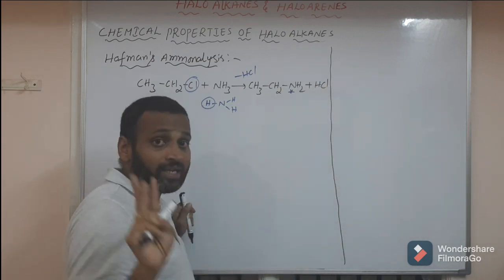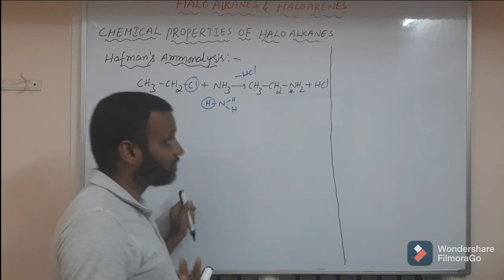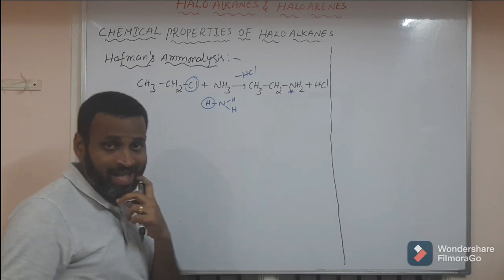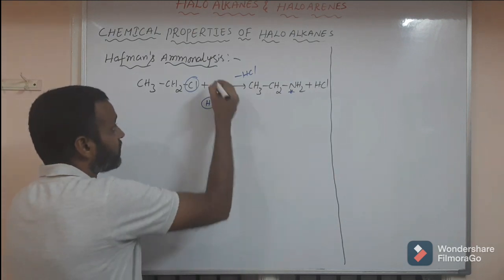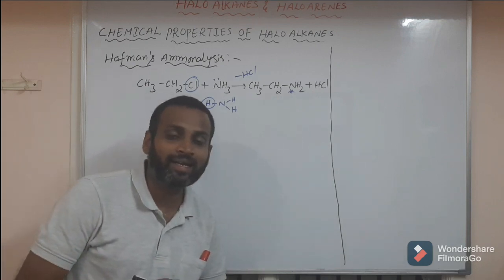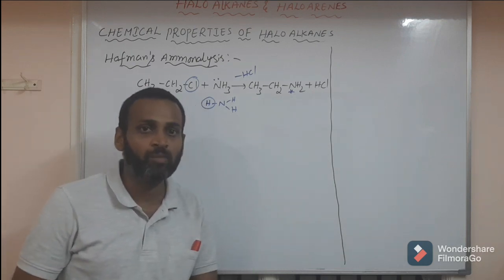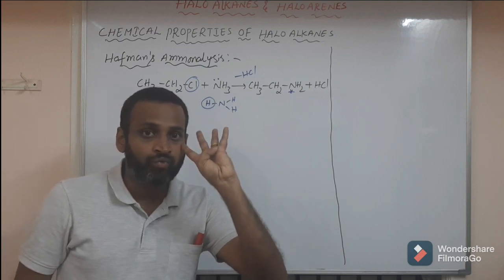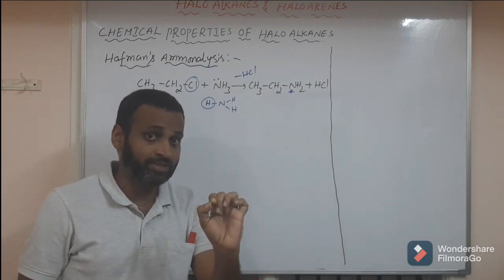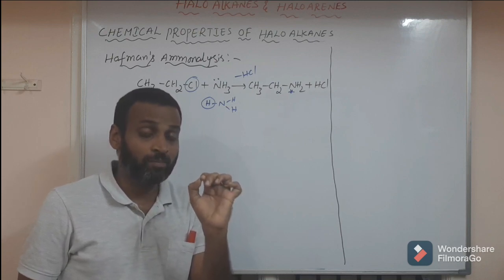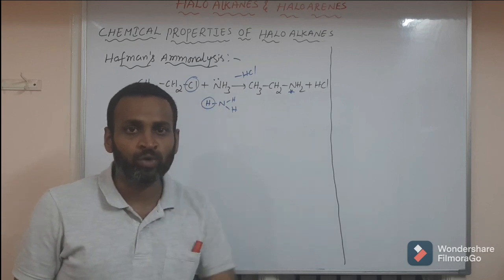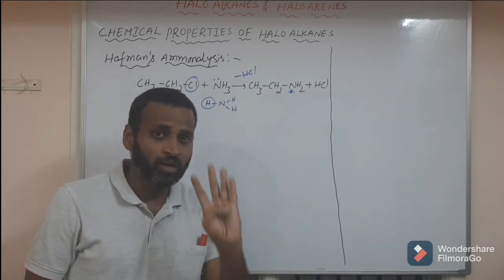So 3 ethyl chlorides can react because 3 hydrogens are there in ammonia. But you said 4 times, no sir? Yes, nitrogen has a lone pair. So by using the lone pair, 1 more alkyl halide can form a bond. So 4 moles of alkyl halide can react with ammonia. How many moles? 4 moles.